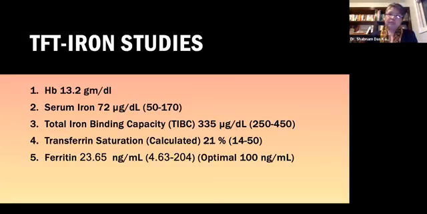You do have to give them supplemental iron, and I don't have time to go into the details, but all of you know how to supplement with iron. Important to bear in mind, some studies have shown, I have the reference on the last slide, that when they push the ferritin to 100 by giving them iron, their thyroid seemed to work much better.